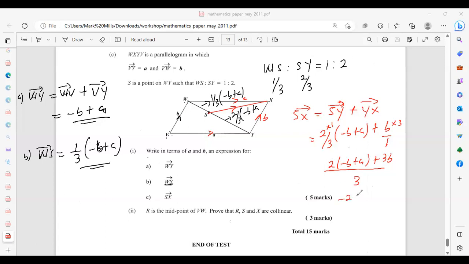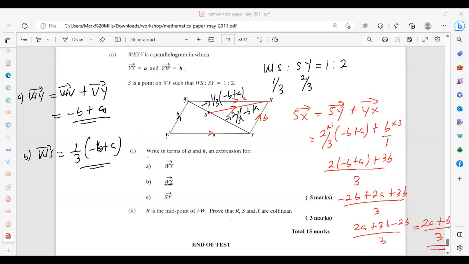I'll get negative 2B plus 2A plus 3B all over 3. Then I simplify this part here now. So I get 2A plus 3B minus 2B over 3. So this will give me 2A plus B over 3 as my final answer.